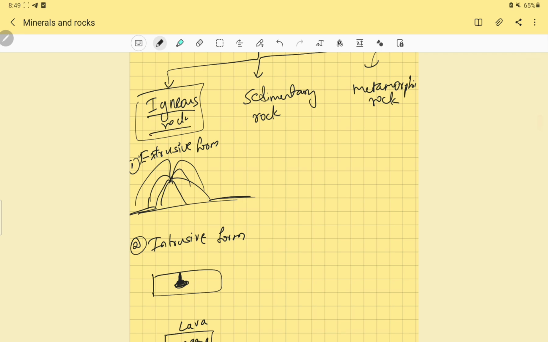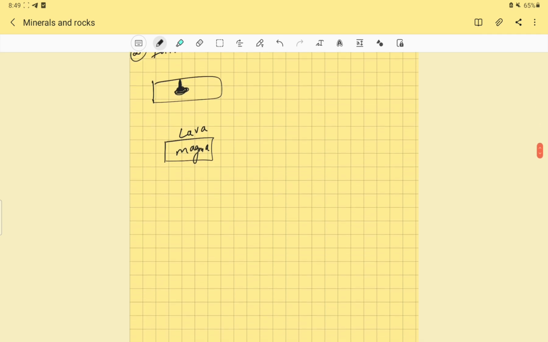Those are intrusive forms of igneous rock. Igneous rock in simple terms is rock solidified from magma and lava. If magma and lava solidify at depth, that is inside, then it is a slow cooling process. Since it cools slowly, it has large grains.